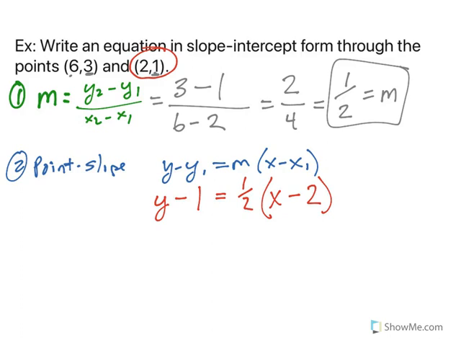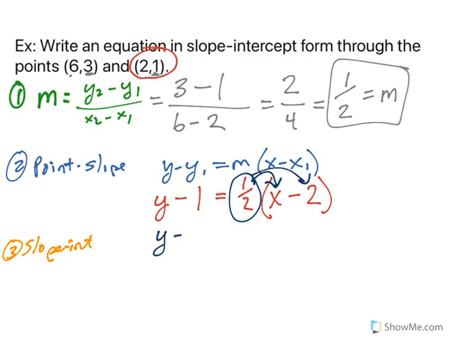Once I have this, we are now in point slope form, and I want to change to slope-intercept, which simply means get y by itself. Our first step is to distribute the 1/2. We've got to get rid of our parentheses.